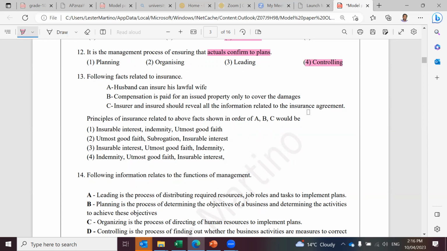Compensation is paid for insured property only to cover the damage. Insurer and insured should reveal all information related to the insurance agreement. So insurable interest, indemnity, and utmost good faith. By doing your MCQs, you can revise what you already learned. Remember.